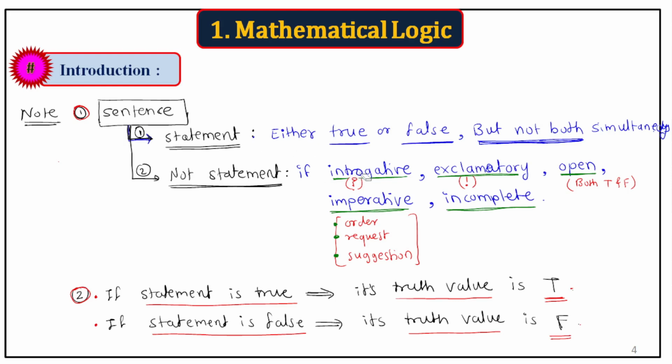For example, interrogative sentences are not a statement. Interrogative sentence means the sentence contains a question mark. Now this is called the interrogative sentence. Exclamatory sentence means the sentence contains an exclamatory sign, called an exclamatory sentence, also not a statement.